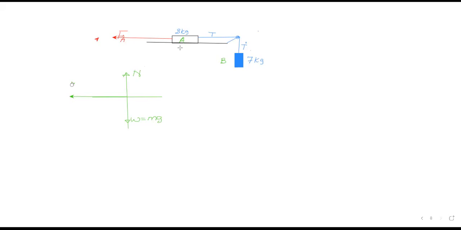And let's say this surface offers friction here. If it goes that way, we expect friction to oppose. We also expect to experience the tension.